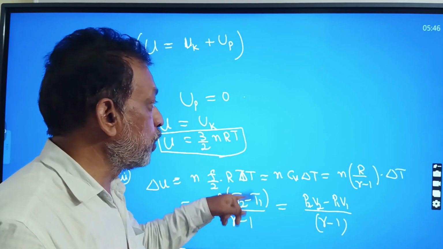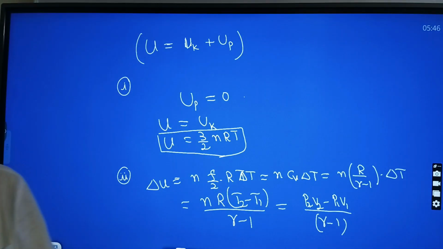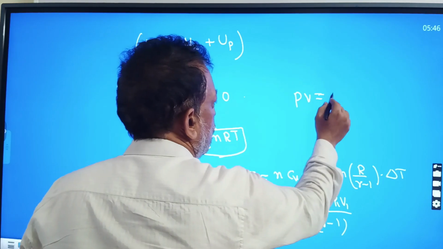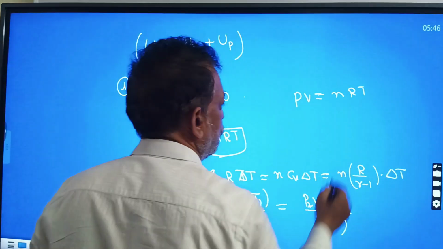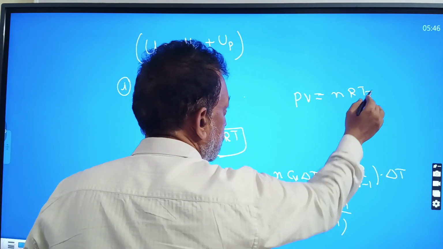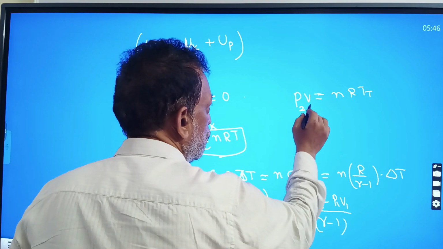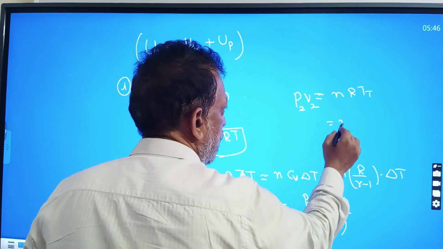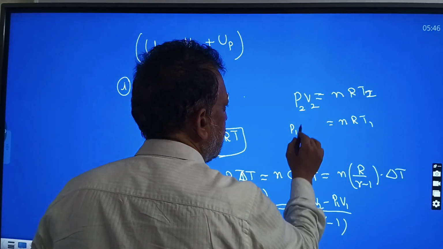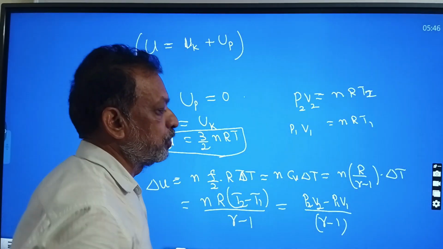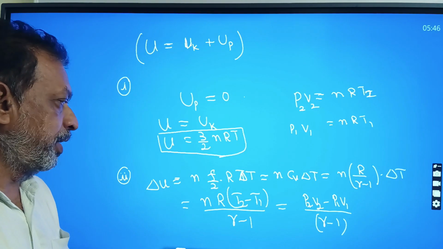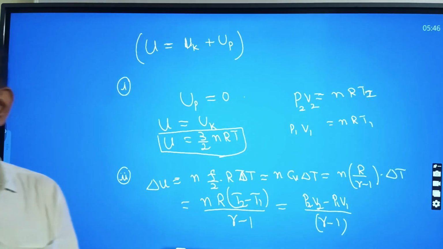Since PV is equal to nRT, R T2 means P2 V2, and R T1 means P1 V1. That's it. Here f is the degree of freedom.